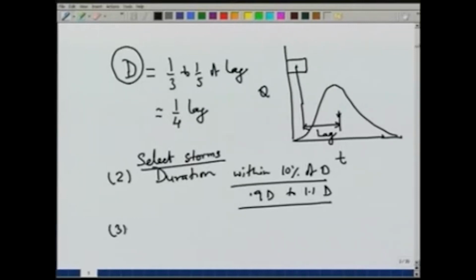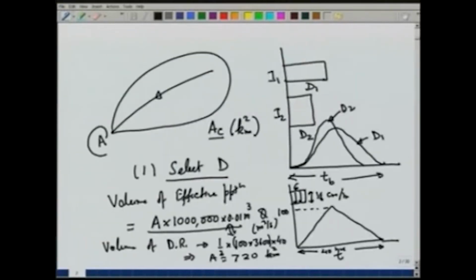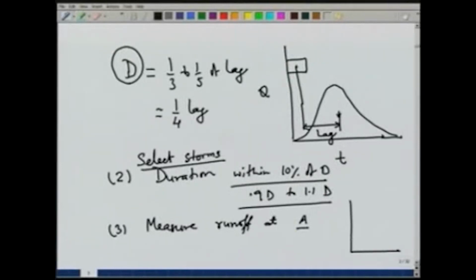For each storm, we measure the runoff at A. So, at the outlet of the catchment area, which is this point, due to a uniform rain over this entire catchment area falling in a duration 0.9 to 1.1 d, we measure the stream flow, and once we get the stream flow, we have already seen various methods of separating the base flow and get the direct runoff hydrograph.